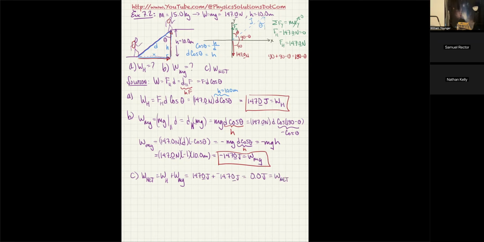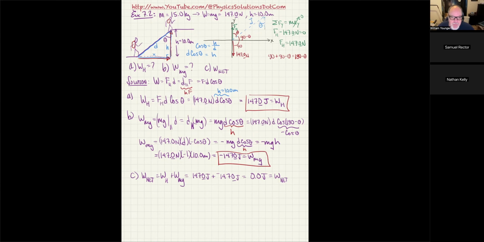And they told us specifically that we were supposed to assume the motion was smooth and that there was no acceleration. And that is good because we're ultimately going to show that the net work is equal to the change in kinetic energy.